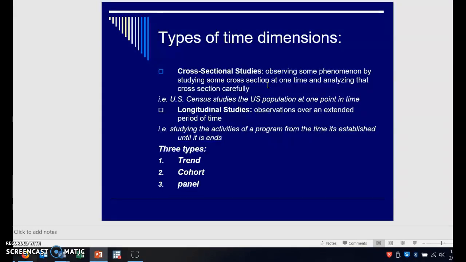So if we go back to the research article and we think about the sample, there were 824 drug court participants, and they participated in the program from 2008 to 2013. That's over a 6-year period. So it's possible that we can look at the data as longitudinal.